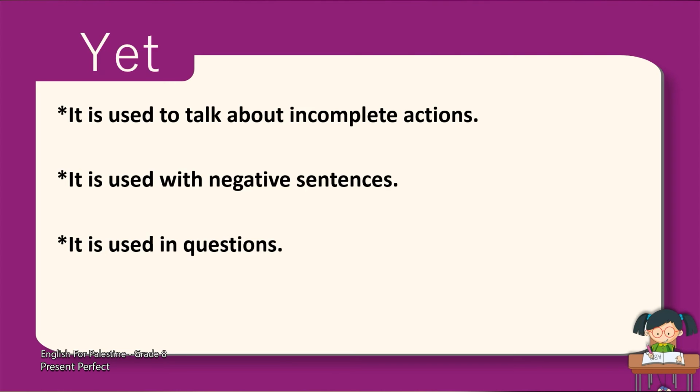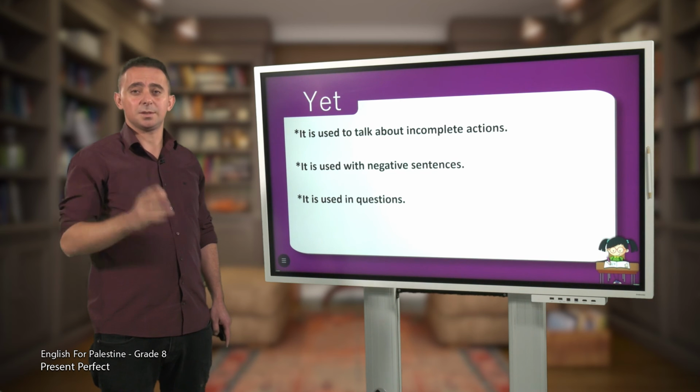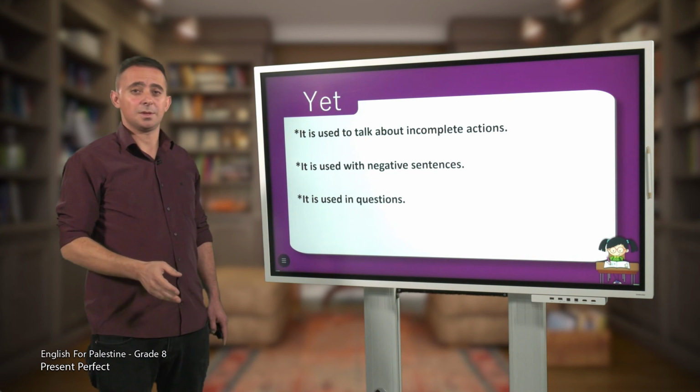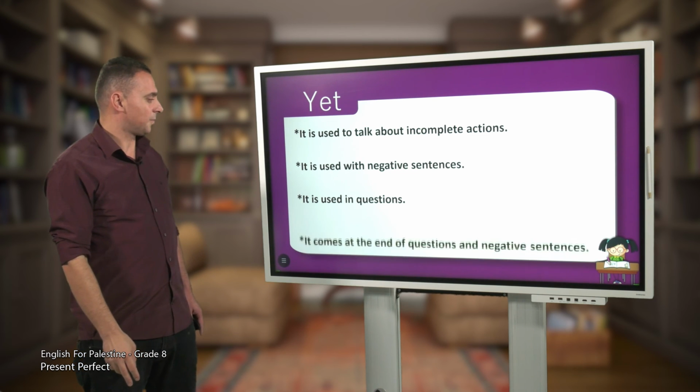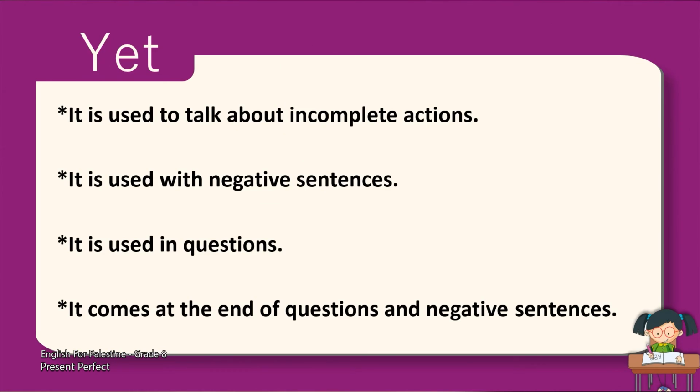What else do we have? It's used in questions. We can use yet in questions. So yet is used in negative sentences and questions. Let's continue. Yet comes at the end of questions and negative sentences. So we use yet at the end of questions and negative statements.